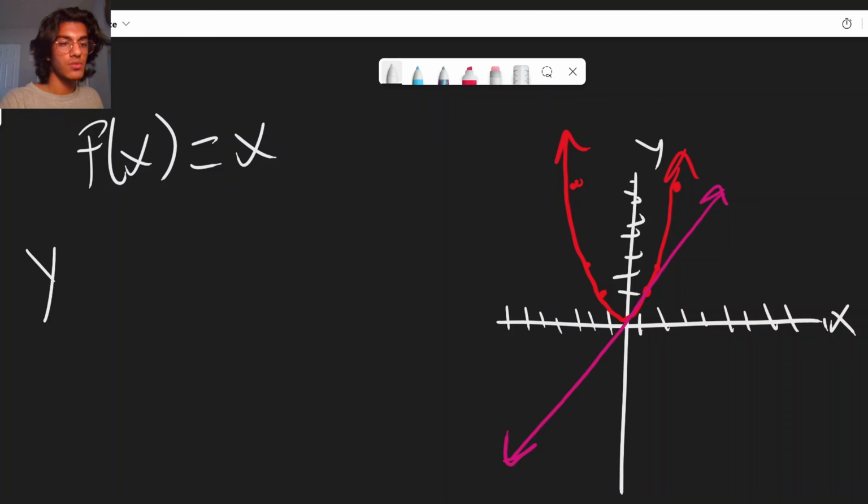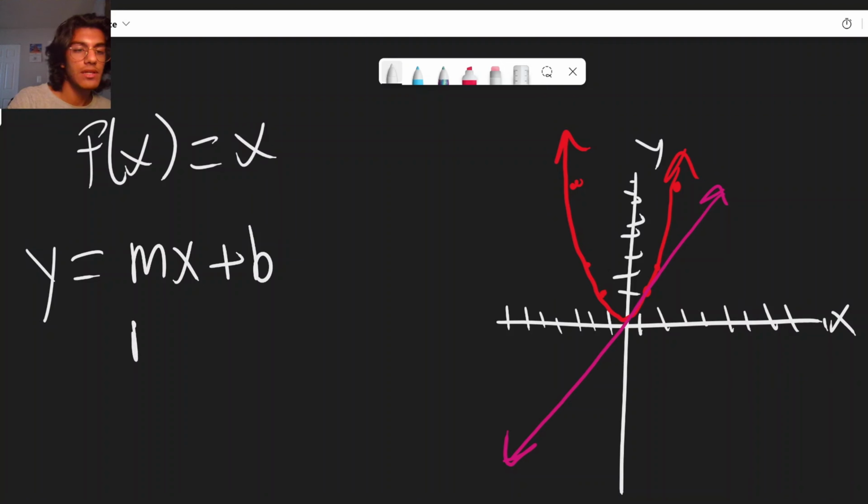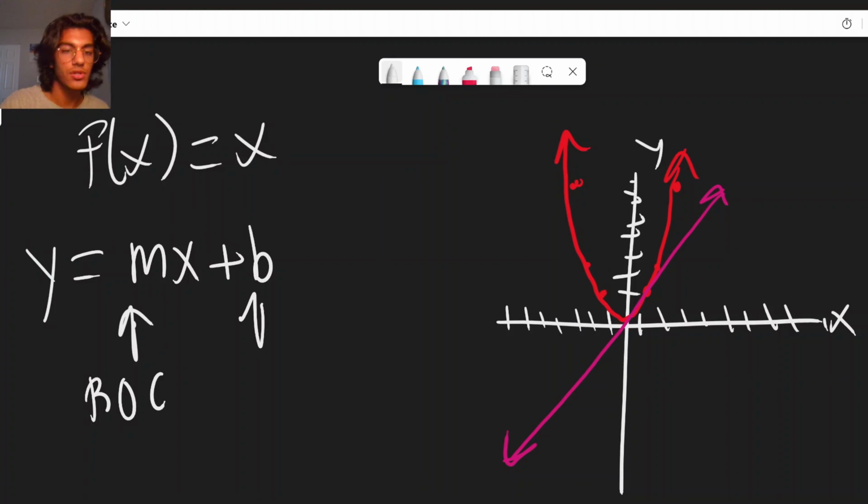You've seen the famous y equals mx plus b, where m is your rate of change, ROC, and b is your y-intercept.